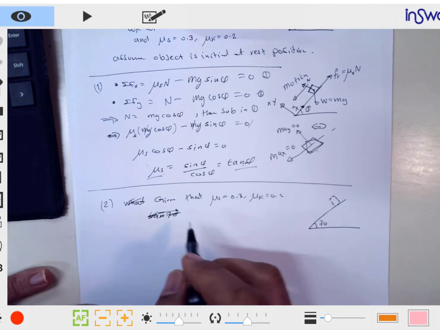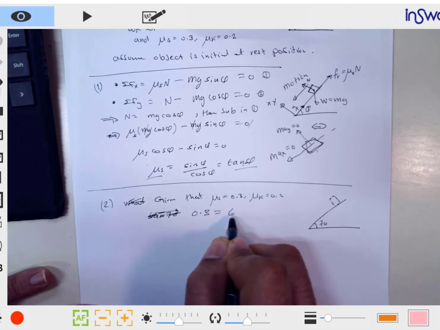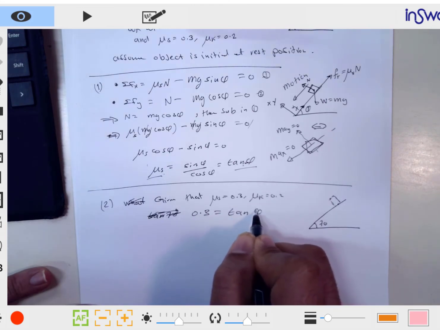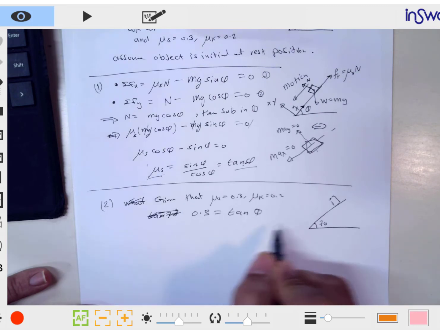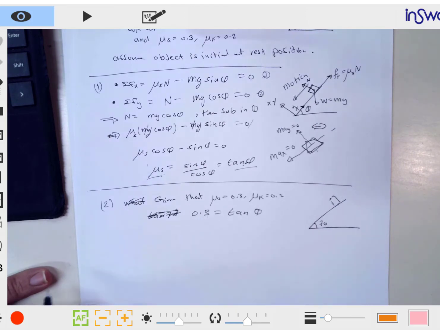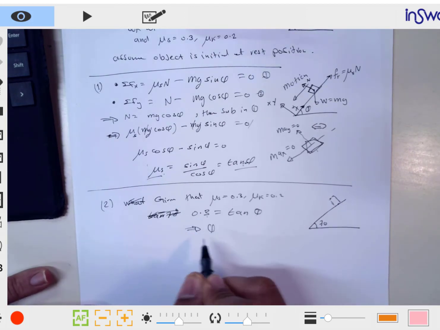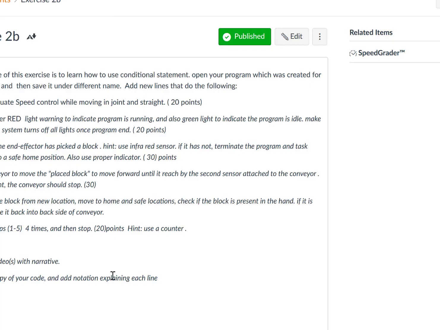If mu s is equal to 0.3, this is tan theta, right? Meaning that at what angle this will start to slide, given that the surface roughness has a static coefficient of friction of 0.3. So this will give us that theta, and I'm gonna do this calculation on the side.